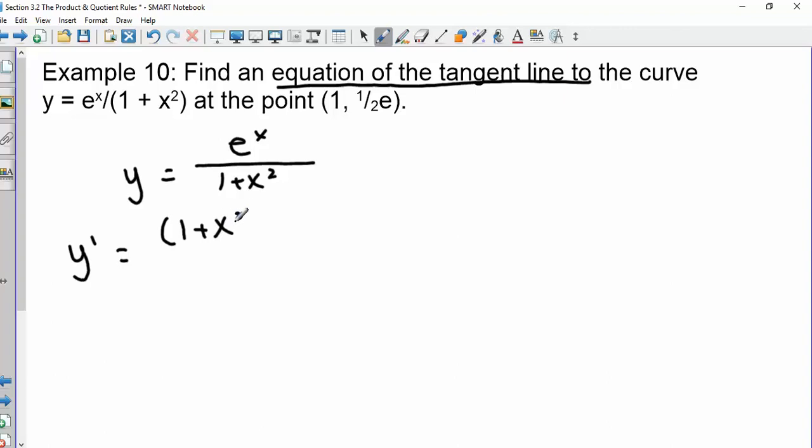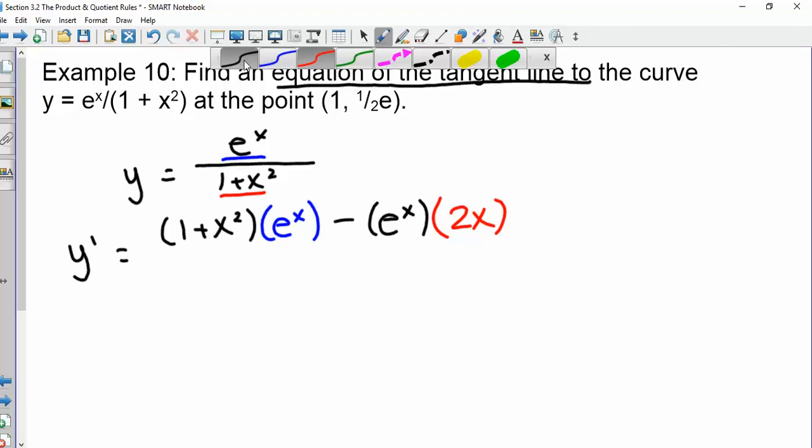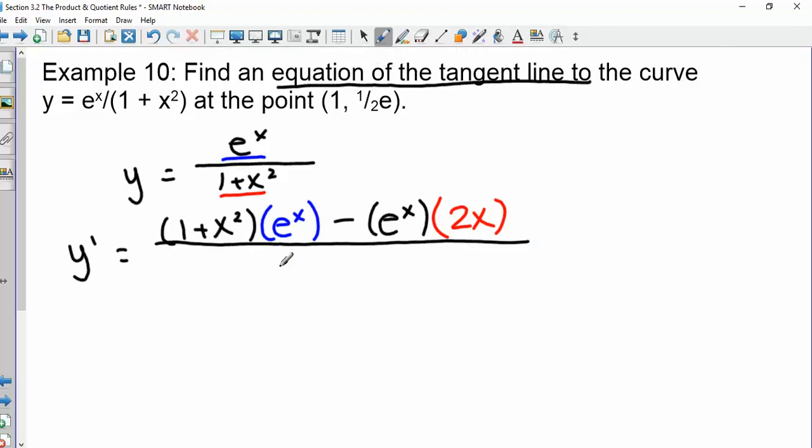Low, d high. What is the derivative of e to the x? E to the x. Minus high, d low. What is the derivative of 1 plus x squared? 2x. Over low squared.